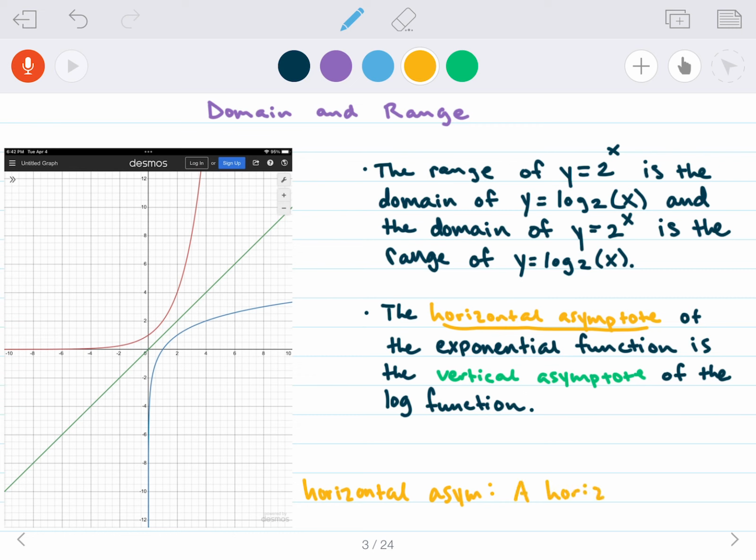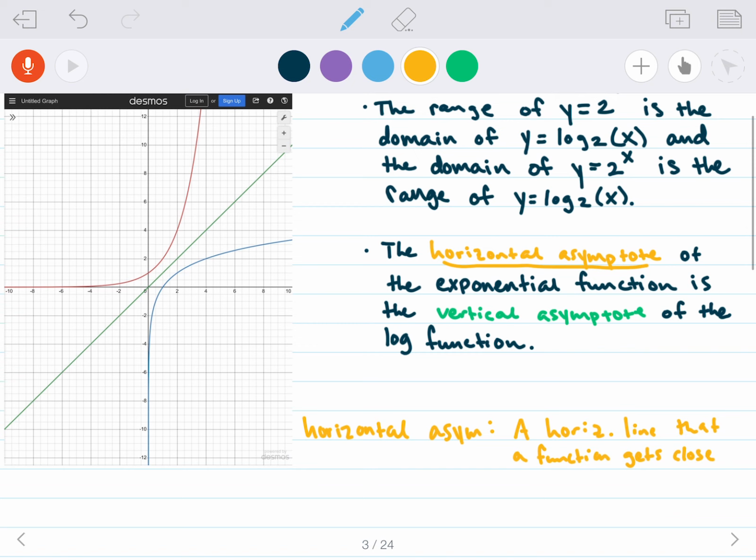A horizontal line that a function gets close to but doesn't necessarily touch it. Okay, so that's what a horizontal asymptote is.